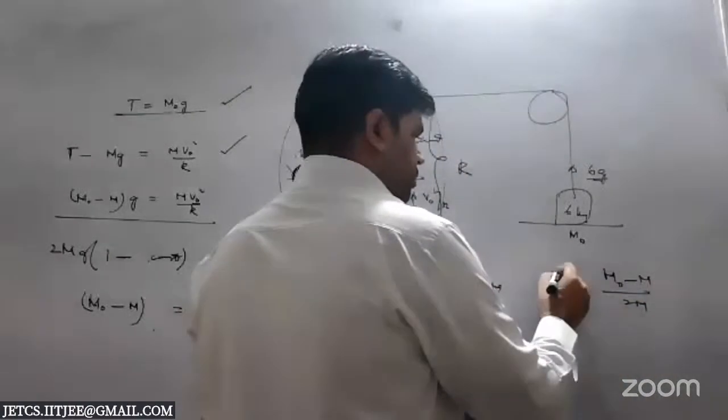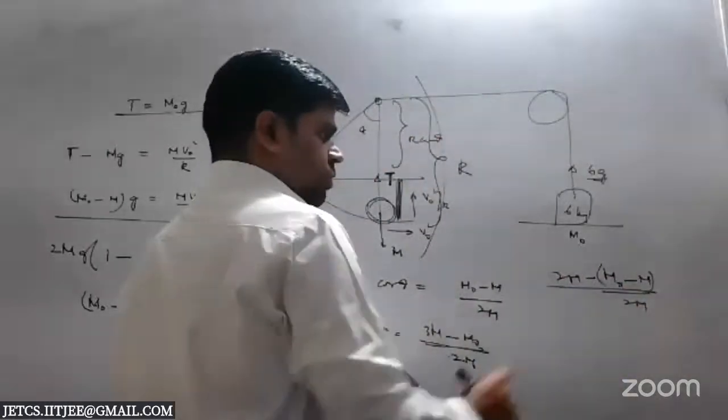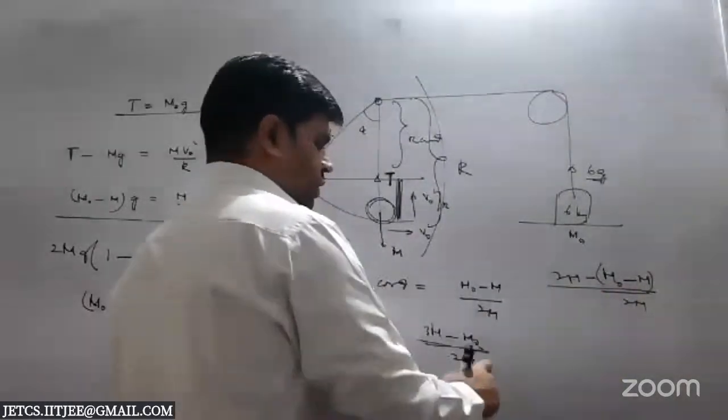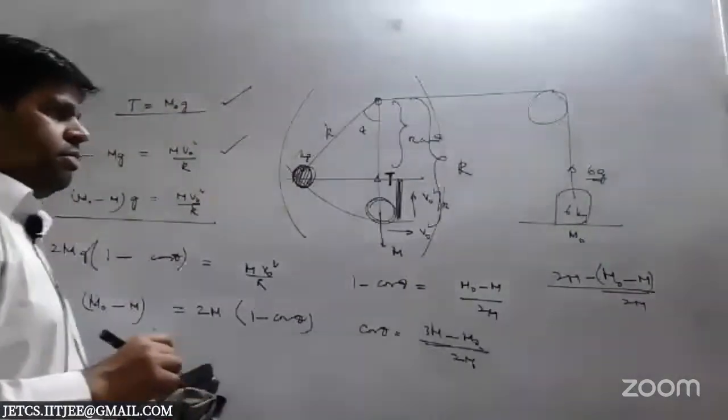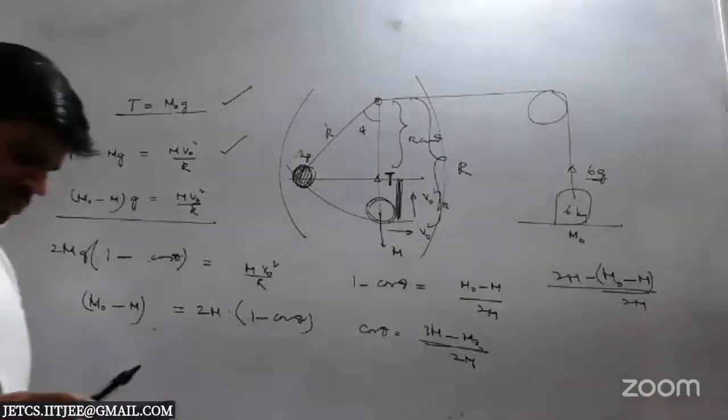So 1 minus M0 minus m by 2m. Take LCM: 2m minus of this one by 2m. Minus of minus plus, 3m minus M0. Correct. Yes, sir.